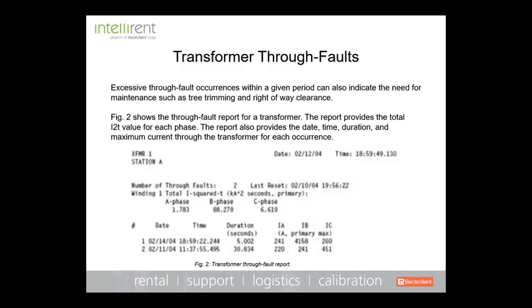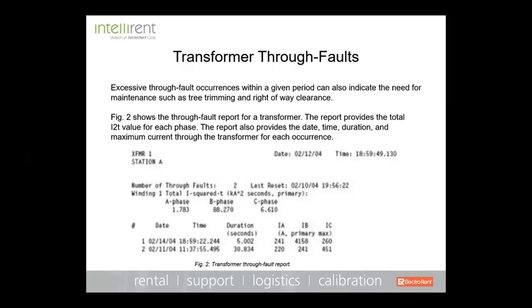So excessive through fault occurrences within a given period can again indicate that you need to take a look at what that cause might be. But this is a sample report, and this comes out of a Schweitzer relay right here. And you'll notice that you'll see a number of different things.